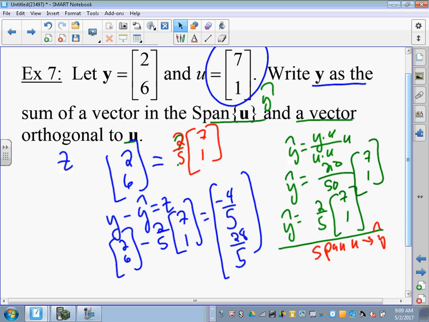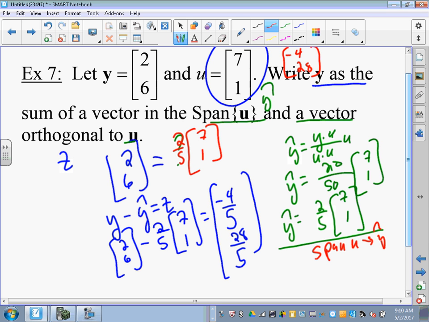If you don't want to deal with the fractions, that's really the same vector as negative 4, positive 28. You don't need the fractions. All that does is change the length of it. It doesn't change the angle. So you can think about this as negative 4, positive 28, because they're both 4/5 and 28/5 divisible.